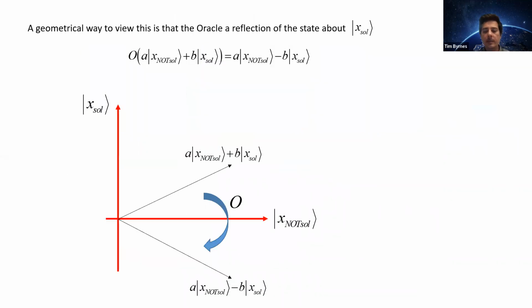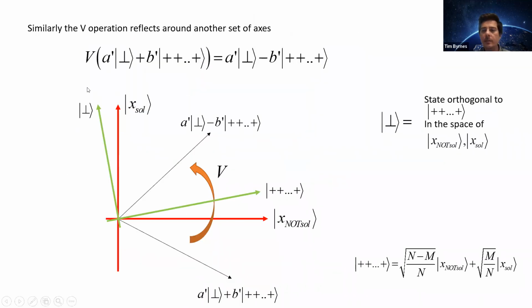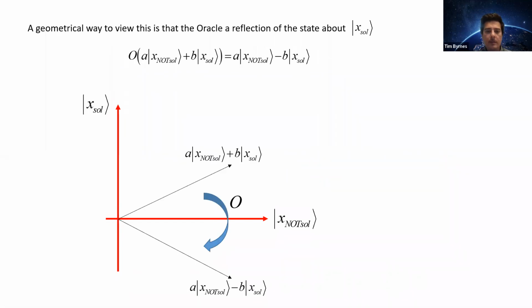So we can understand what the V operator does if you think about O as performing a reflection around this state that does not have the solution.